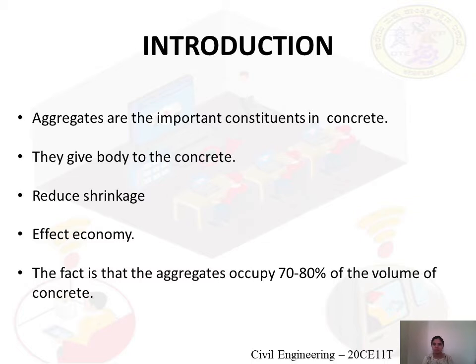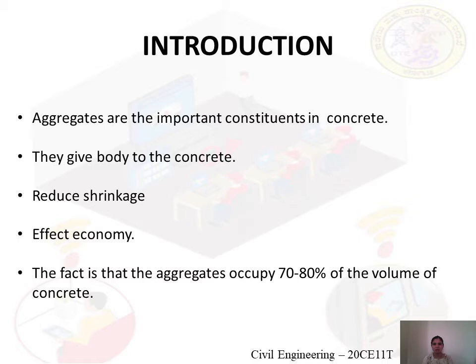Nowadays, cement is used as binding material, but lime was a common binding material in the past. Natural sand, gravels from riverbed and crushed rocks are used as aggregates.